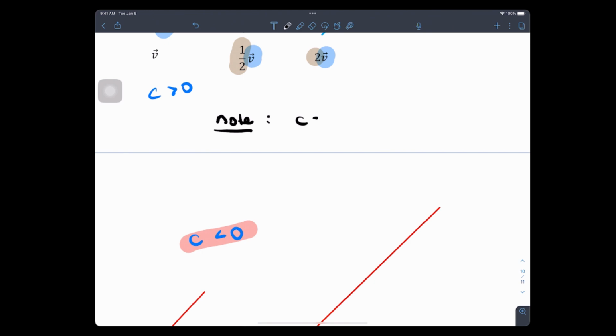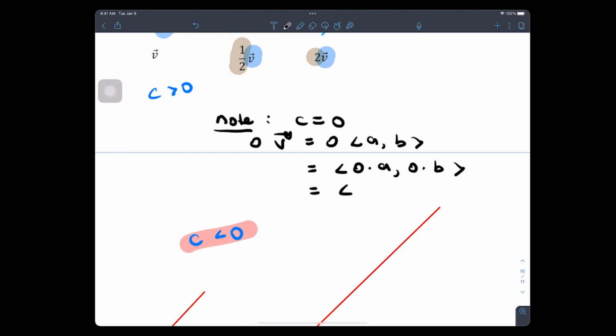You say, what happens if C is 0 here? Well, if C is 0, we can still distribute that 0. That's 0 times A, 0 times B, and you happen to get the vector 0, 0.